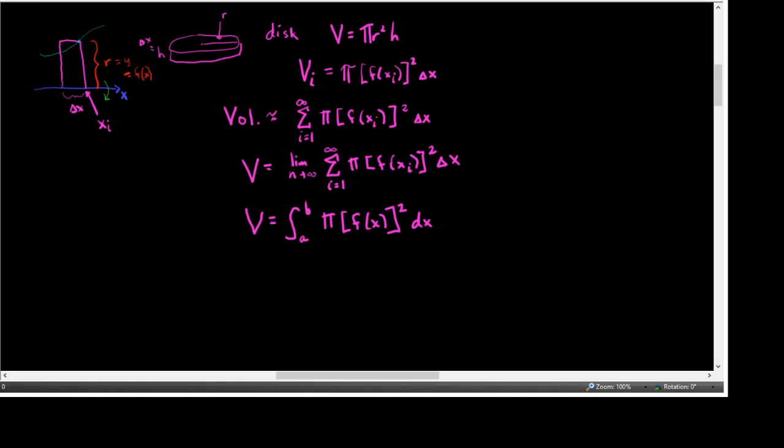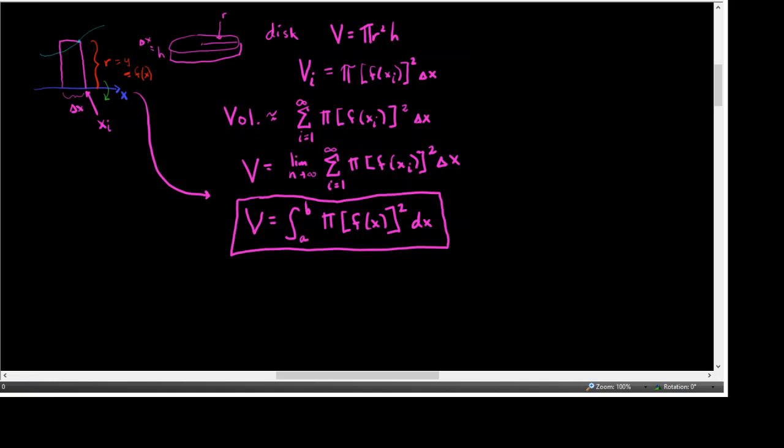At any rate, so that's the volume formula, which we obtained by using that simple figure, the cylinder, which we're calling a disk, and revolving around the x-axis produces this formula. So keep in mind that we're revolving about the x-axis for that to be the formula.